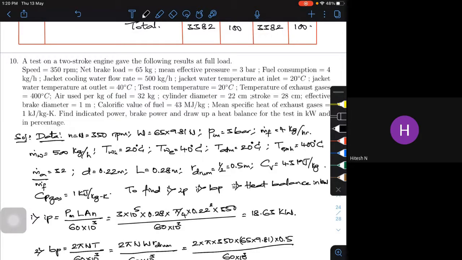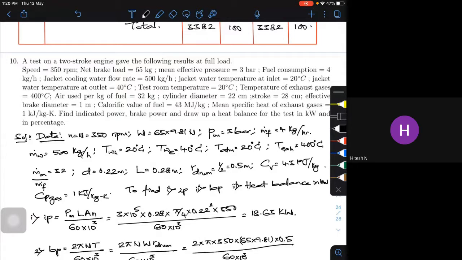And second, you have the exhaust gases, which take away a certain amount of heat. What is the mass of gas? Mass of air plus mass of fuel combined together, because we are sending the fuel-air mixture into the cylinder of an IC engine.